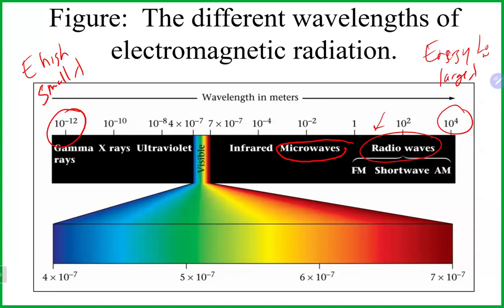Next is the infrared part of the spectrum. That is where we kind of feel heat and stuff like that coming out. So again, more energy. Next is the visible part of the spectrum. This is where we see our colors, basically. That is our sort of ROY G BIV.